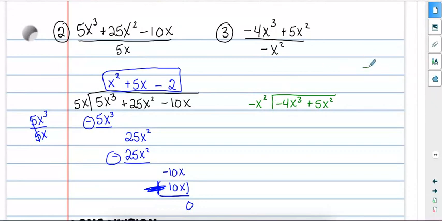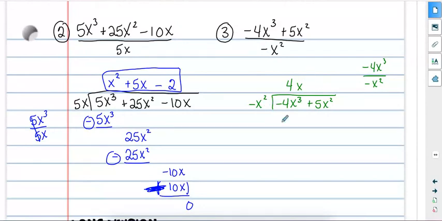So negative 4x to the third power over negative x to the second power. Here, a negative divided by negative is positive, so this number up here is going to be a positive. 4 divided by 1 is 4. And then x to the third power divided by x squared. Well, when you do the rules here, you get x left over. And so our quotient starts with 4x.